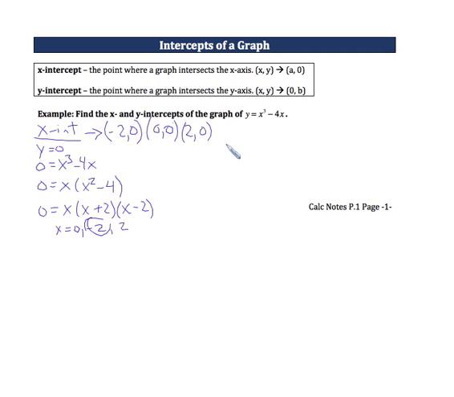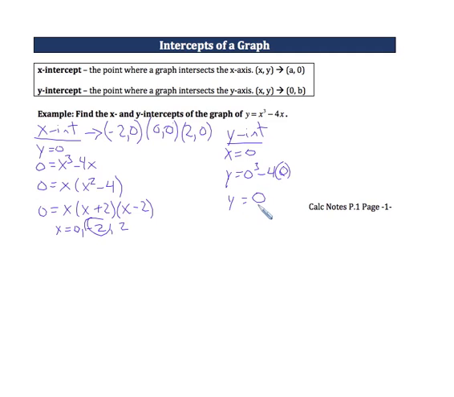All right, let's go ahead and find our y-intercept now. So if we let y equal 0 to find the x-intercept, what do you think we're going to do to find the y-intercept? Let x equal 0. And so we're going to plug that into our equation. So we have y equals 0 cubed minus 4 times 0, sorry, and that equals 0.